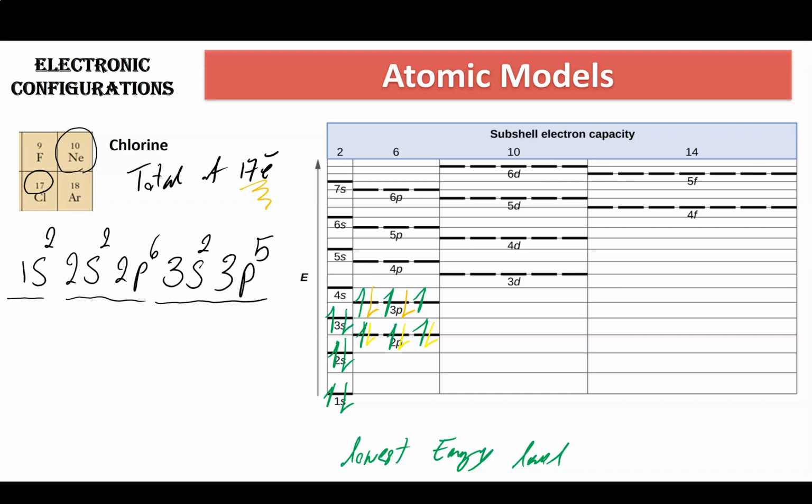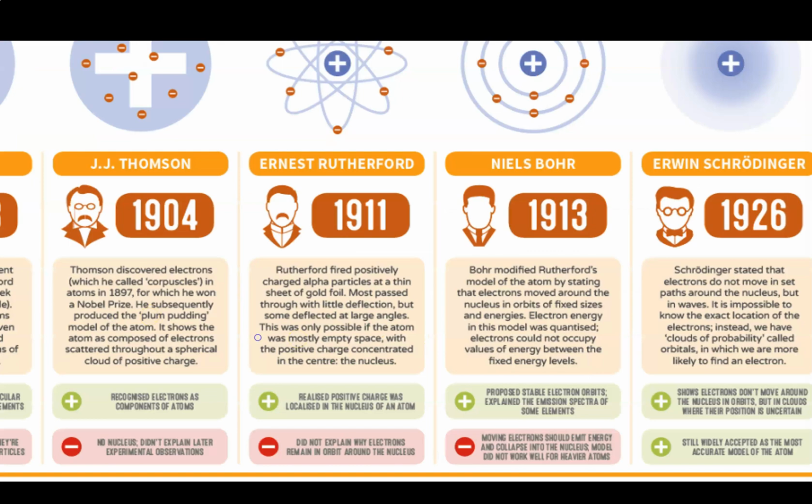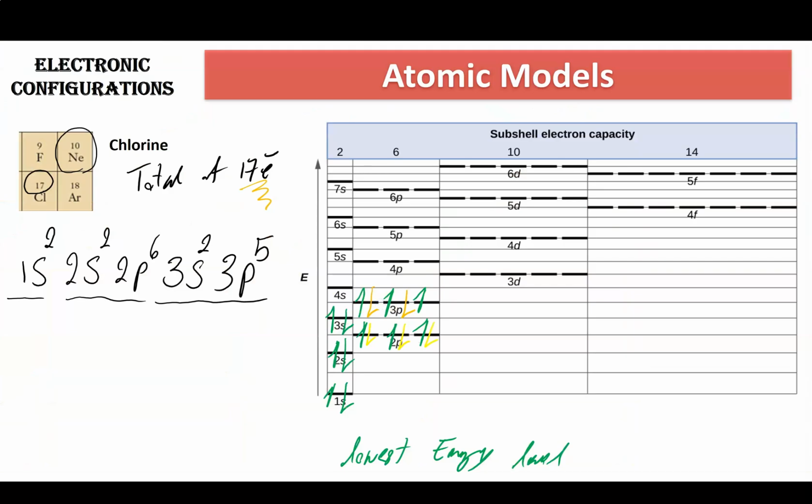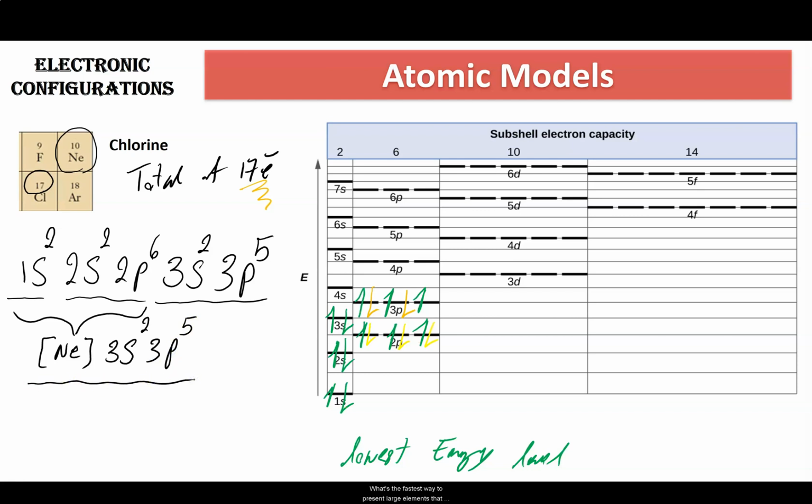So what we can do is to save time and consider all this to be neon, because neon's got 10 electrons, so I got 2, 2, 6. So up until here is really the electronic configuration of neon, and then just write neon and then followed by the remaining electron configuration.